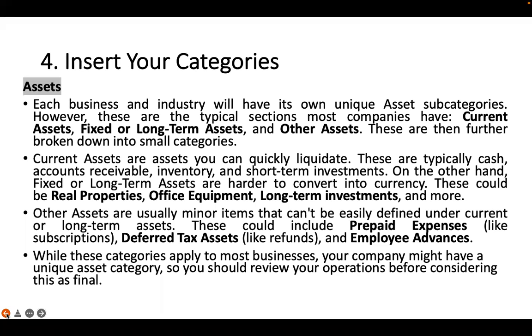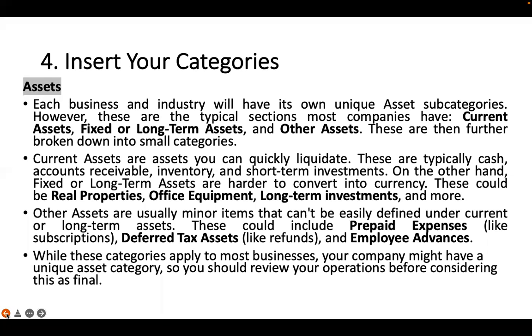These include prepaid expenses like subscriptions, deferred tax assets like refunds, and employee advances. These cannot be termed as current assets or current liabilities, so we have named them other assets. But these are assets, because prepaid expenses are expenses that are supposed to happen in the future, but we are paying the amount right now.